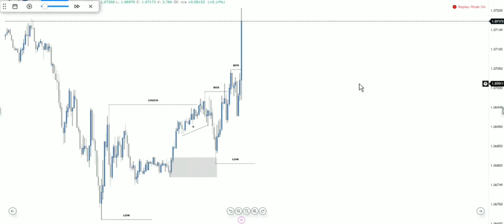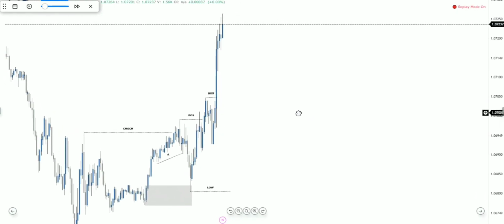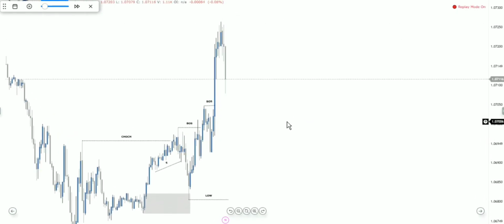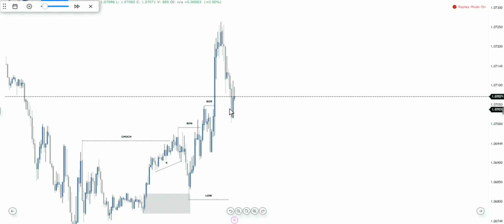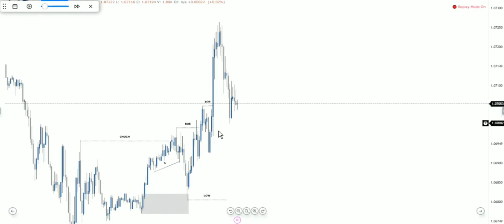And now let's look for some more liquidity where we can take our setups from. You can see we have a pullback into the low. Broke our structure on the top there. We have a high that got broken.